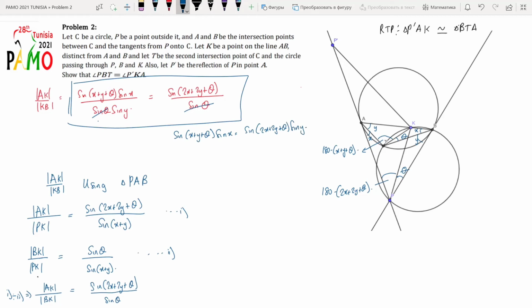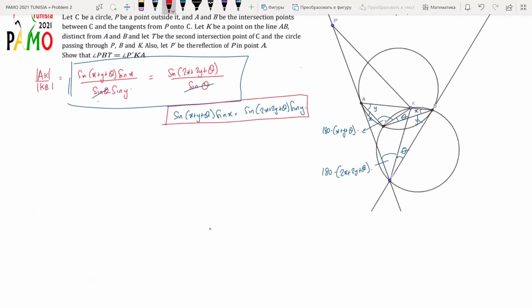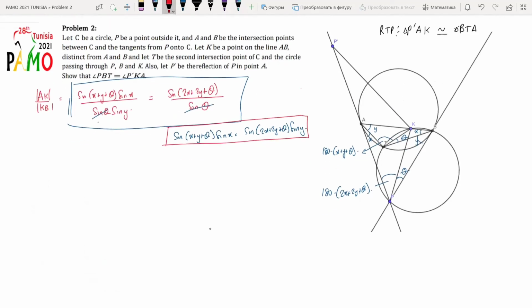We'll have that this ratio is equal. Don't know how we can use it for now, but just have this equal, and it's clearly not obvious that it was equal from the very beginning. But we're just going to leave that, and we're suspecting that hopefully this equality we have here is going to be identical to us showing that these two triangles are similar. If that can be the case, then it will be really, really interesting.